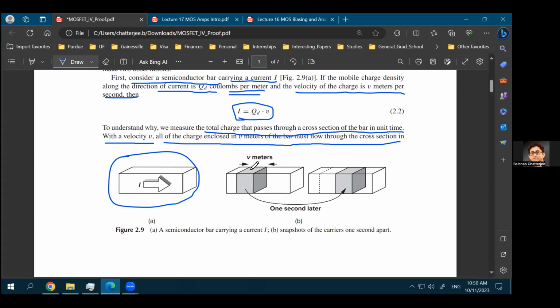This is the bar. You take a cross section and you extend that cross section by V meters. That's the velocity of your electrons flowing through the bar. So within that cross section multiplied with these V meters, within that entire volume, however much charge is present will move through the bar within 1 second, right?